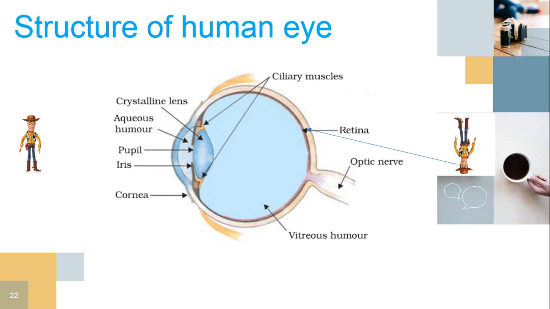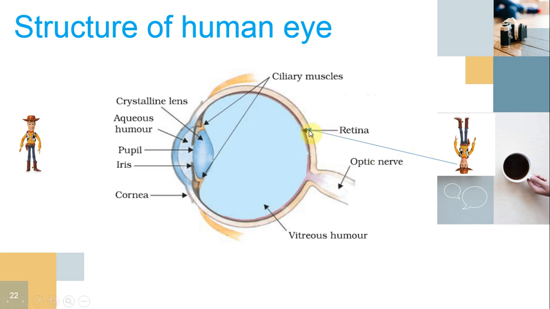The retina sends the electrical signals to the brain through optical nerves and gives rise to the sensation of vision. Although the image formed on the retina is inverted, our brain interprets the image as that of an erect object.